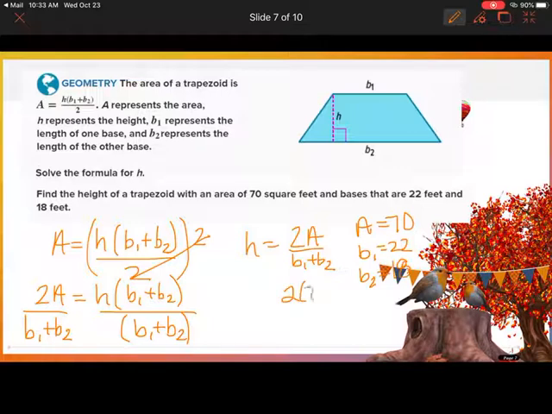So 2 times 70 over 22 plus 18 equals H. So 2 times 70 is 140 over 22 plus 18 is 40. And then I just do that operation. So I do 140 divided by 40. So the height is 3.5.